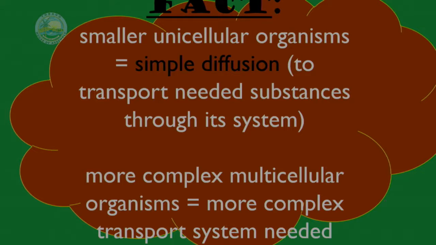So simple diffusion would work for small organisms, in particular unicellular organisms. However, the more complex and multicellular an organism becomes, it cannot simply undergo diffusion. It will take too long. So you have to use a more complex system in order to get substances into the body.